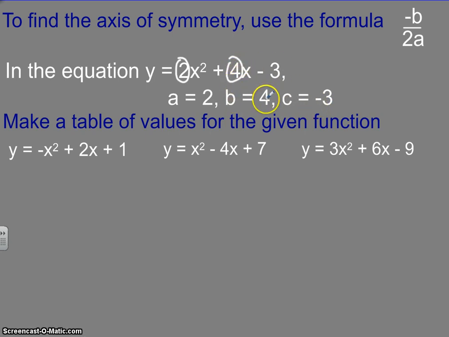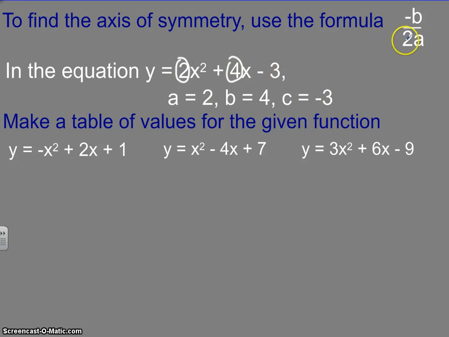In that case, b would be 0. It is possible to have no constant. In that case, c would be 0. It is not possible to have no first term, because to be a quadratic equation, we have to have the square, a degree of 2 there. So a is the first coefficient, b is the coefficient of the next term, and c is the constant.